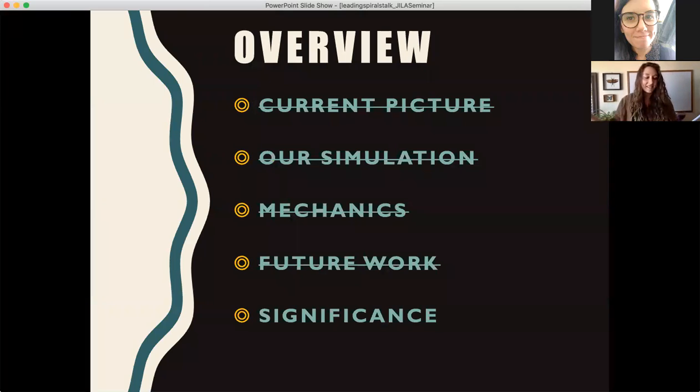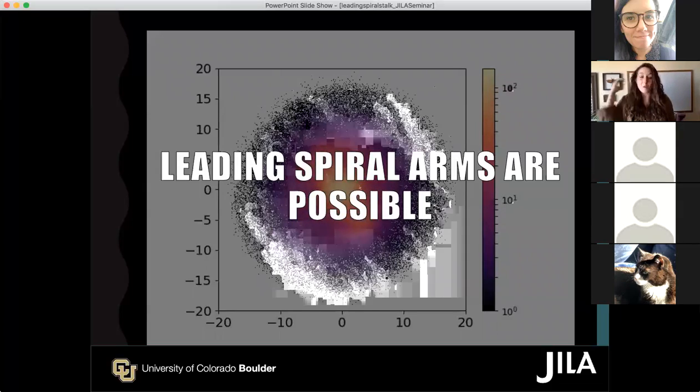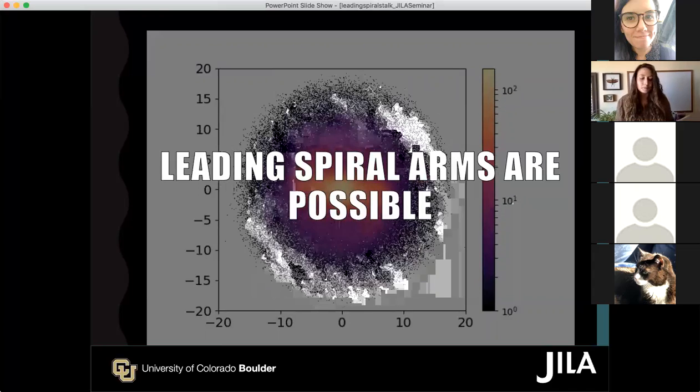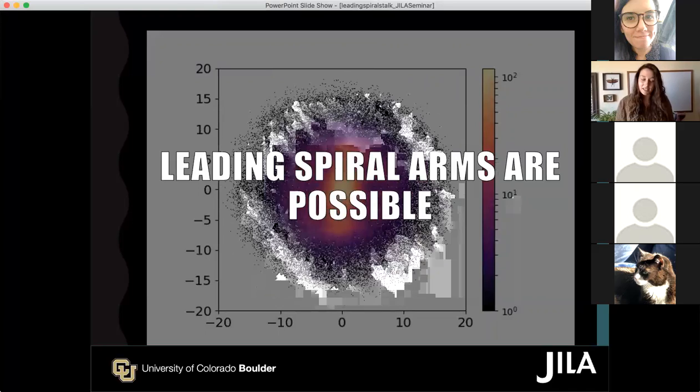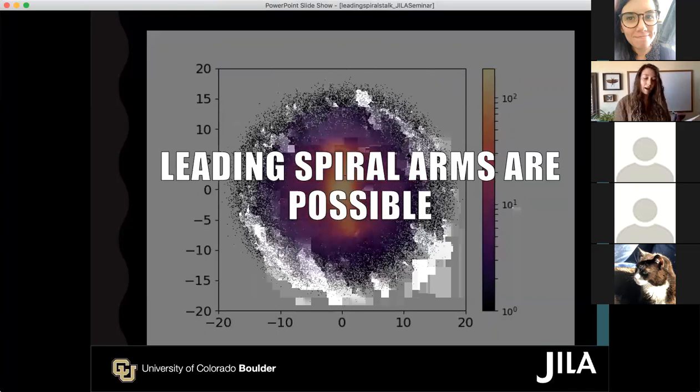So let's sum up. To reiterate, with this work, we are reopening a once closed question, are leading arms even possible? I explained that in a bar-driven system, density wave spiral arms work to move angular momentum outward.